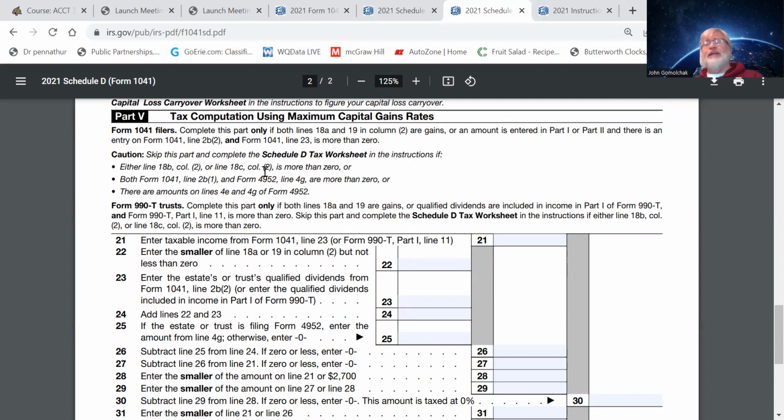I think it's capped at 20%. You do see that if we had a large enough number, and this is a trust, we could easily be in the 37% marginal tax bracket. So we would want to use part 5 to calculate our tax rather than have it taxed as ordinary income.